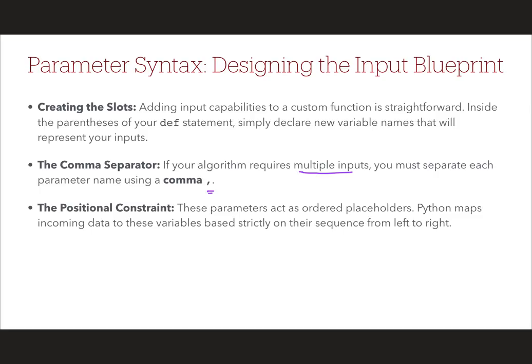These parameters act as ordered placeholders. Python maps incoming data to these variables based on their sequence from left to right. So the first argument will be given to the first parameter, the second argument will be given to the second parameter, and so on.